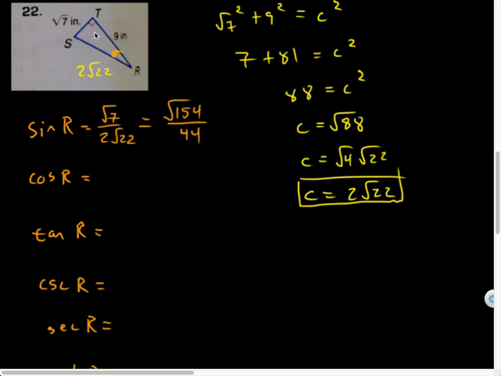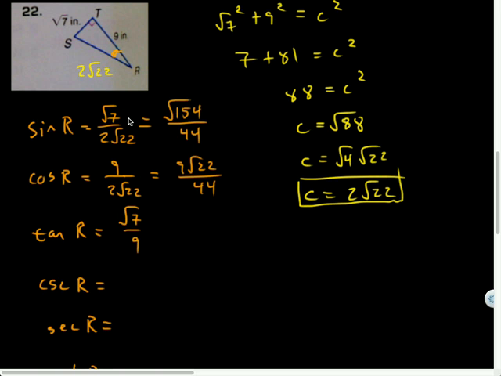Cosine would be adjacent over hypotenuse, so 9 over 2 roots of 22. I'd multiply by root 22 over root 22, and I'd get 9 roots of 22 over 44. Tangent is opposite over adjacent, so that's root 7 over 9. Am I right?